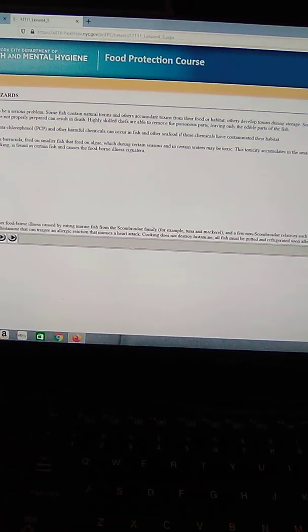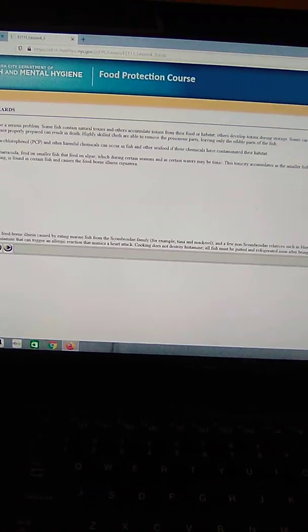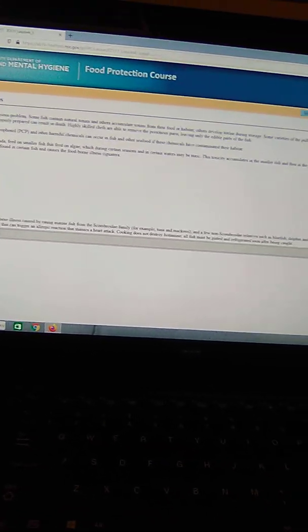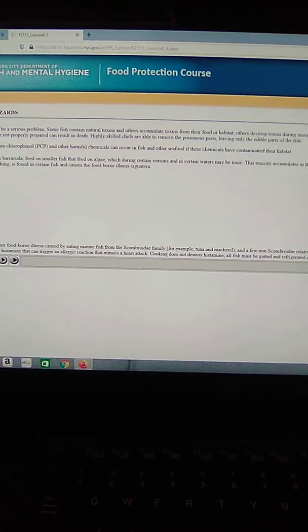These fish have high levels of histidine in their flesh, which, as the fish decompose, is converted into histamine that can trigger an allergic reaction that mimics a heart attack.